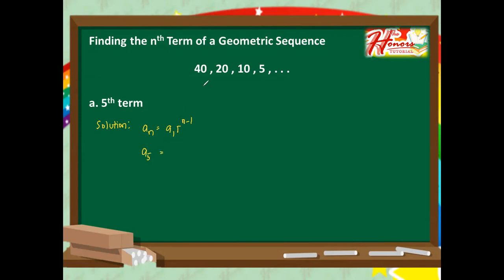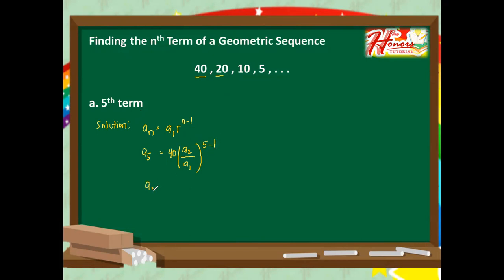A sub 1 is the first term, that's 40. What is r? The ratio. To find the ratio, you divide the second term, a sub 2, over a sub 1, raised to n minus 1. n is the term that we are looking for, so that is 5 minus 1.